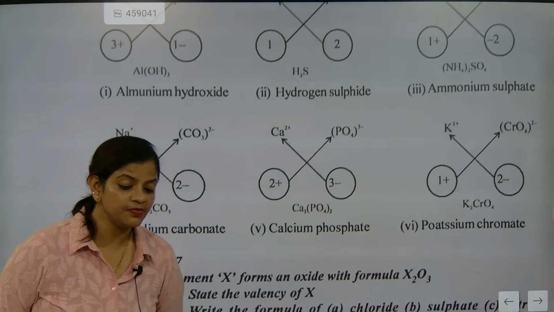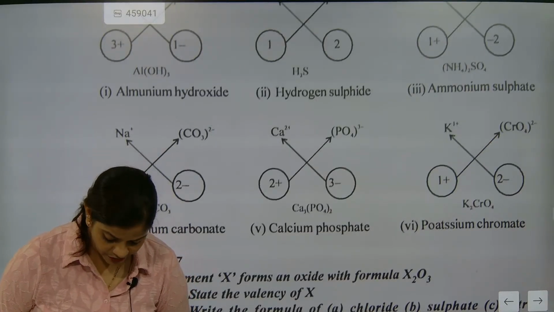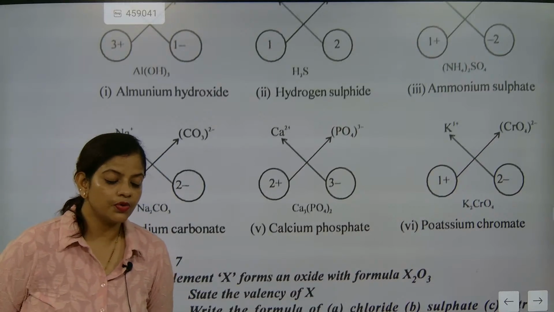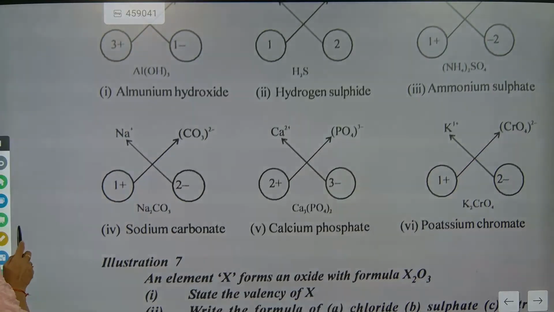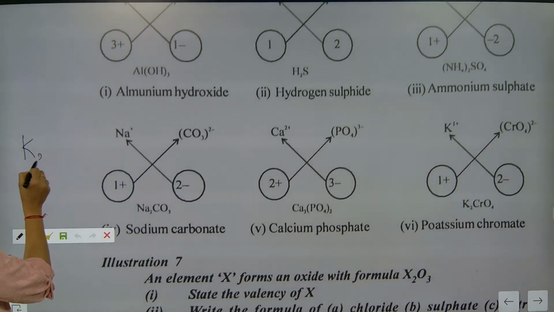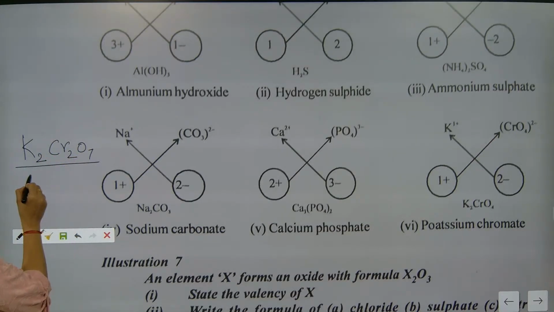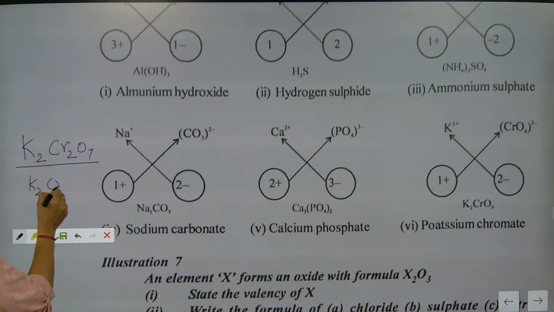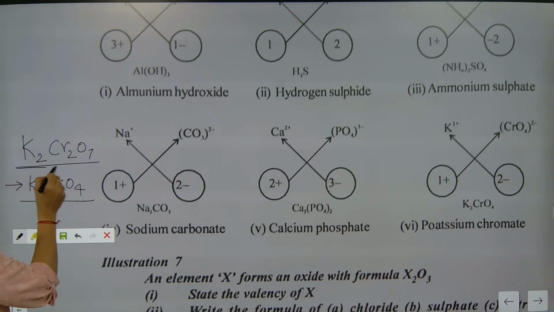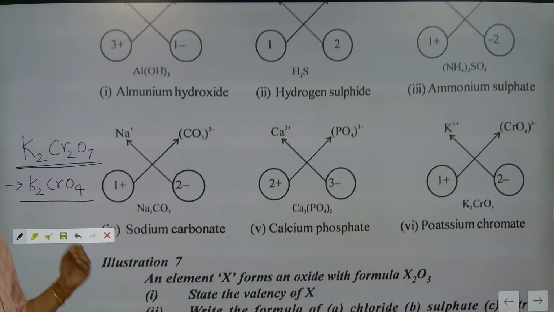That is the difference, beta. If somebody writes potassium dichromate, what will they write? K2Cr2O7. This is potassium dichromate, and K2CrO4 is potassium chromate. This is the difference, beta, between potassium chromate and potassium dichromate.